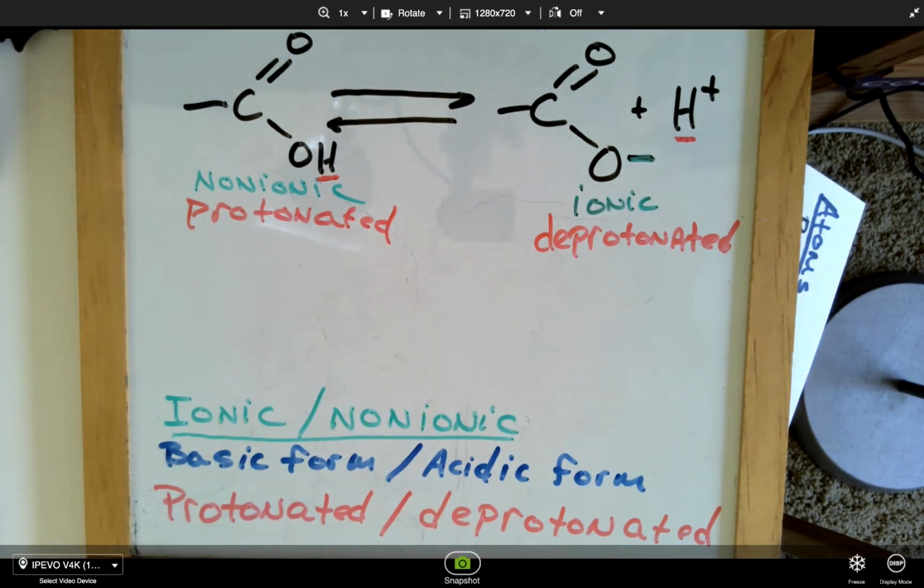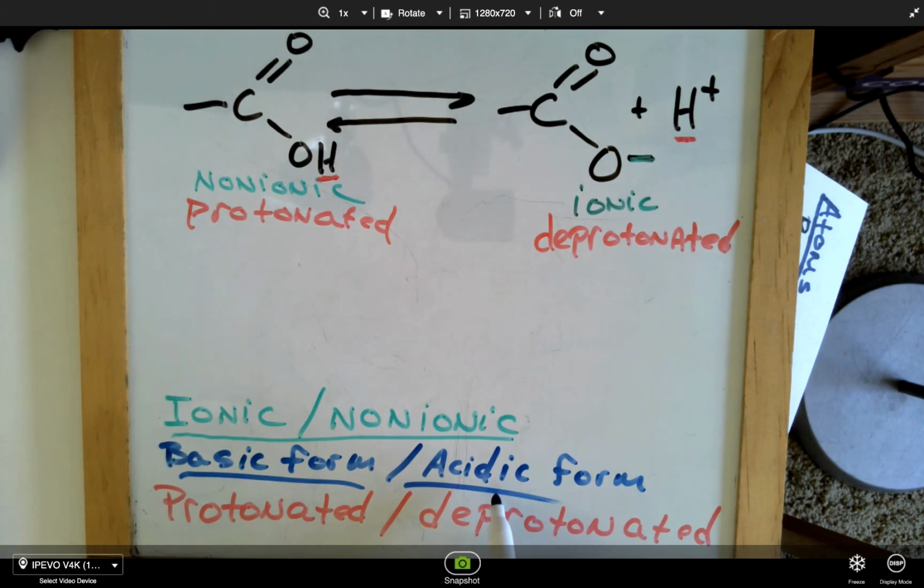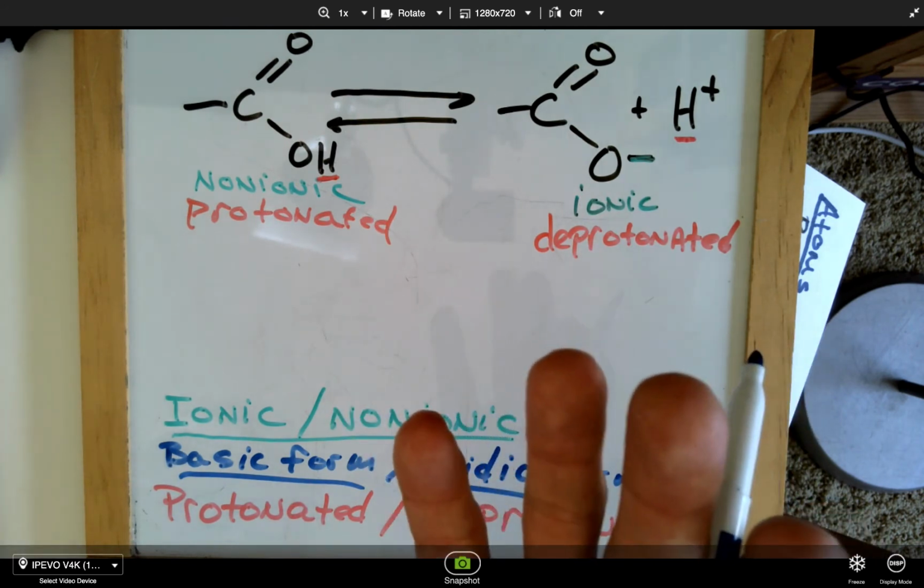Okay? And finally, we have another couple terms that we can apply here. The acidic form and the basic form. Now let me define these in a very specific way for you because it can be very confusing if you don't define it properly. The acidic form of something is the form at which it can donate a proton.